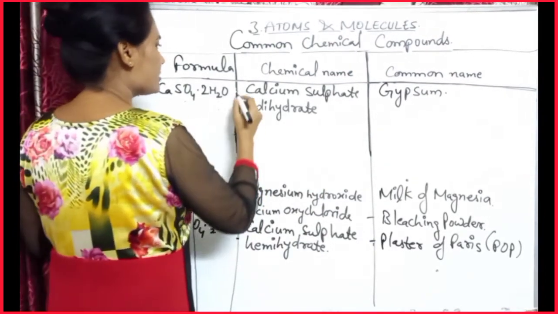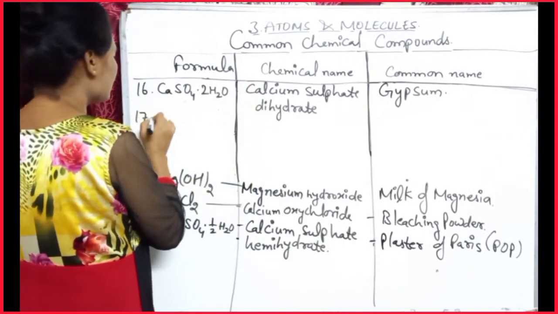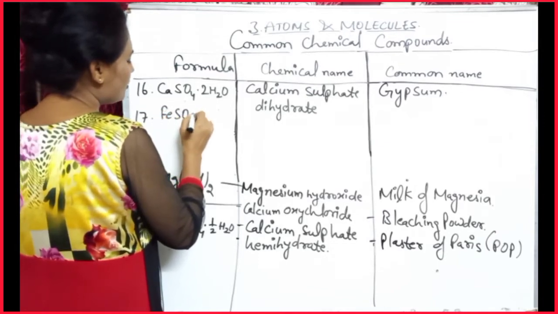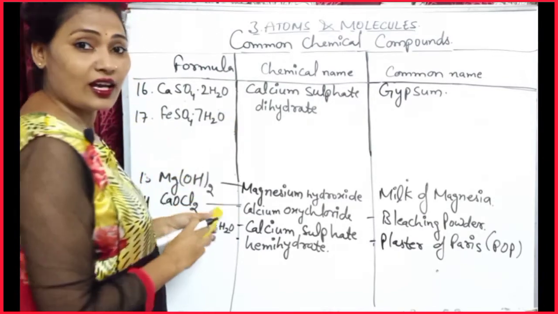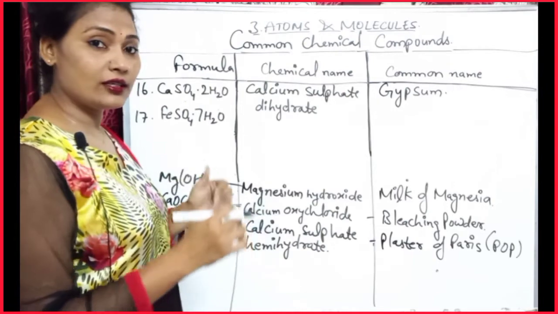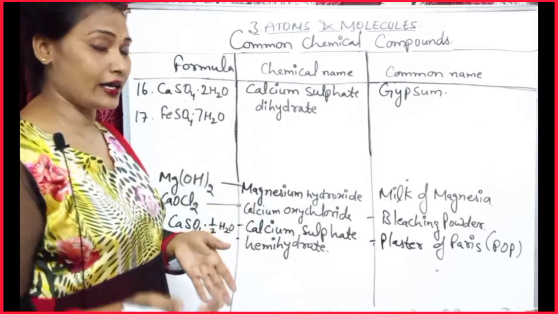We can take the next compound, that is FeSO4 dot 7H2O. Okay, and this is known as ferrous sulfate, or it is also known as hydrated ferrous sulfate or hydrated iron sulfate.